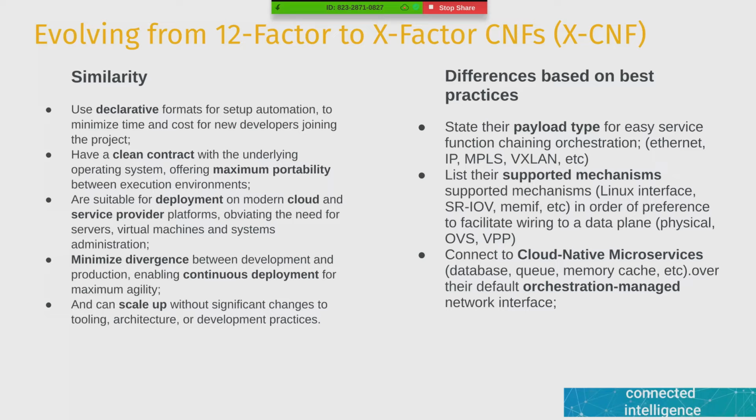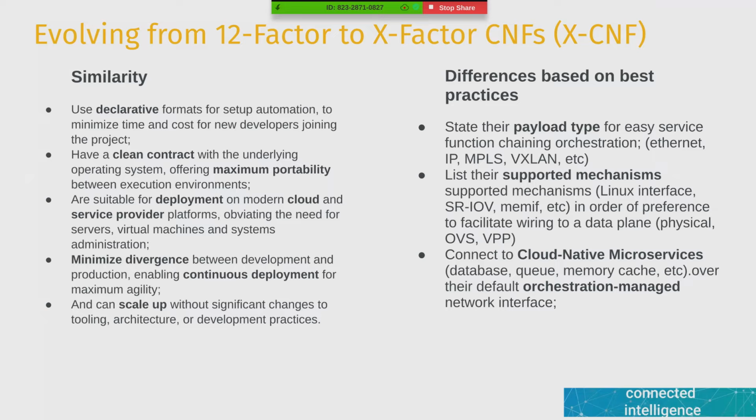That is the 12 factor, which is similar to CNF's X factor. But X-CNF has differences in the sense that here you not only talk about the workload, but also about the workload or payload types, like what kind of function chaining you are going to use, because network is the key.